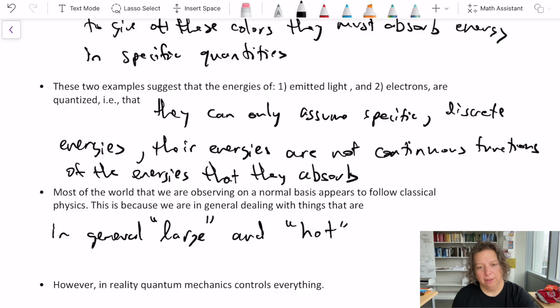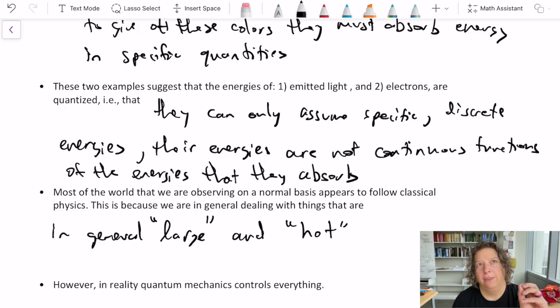Whereas things that are small or cold, and by cold it depends on the substance, but if we take something like the hydrogen molecule, the difference between hot and cold for the hydrogen molecule, and the hydrogen molecule is a pretty small particle, is like 77 Kelvin, if I remember correctly. So a hydrogen molecule that's hotter than 77 Kelvin is hot for hydrogen, and a hydrogen molecule that is colder than 77 Kelvin is cold.